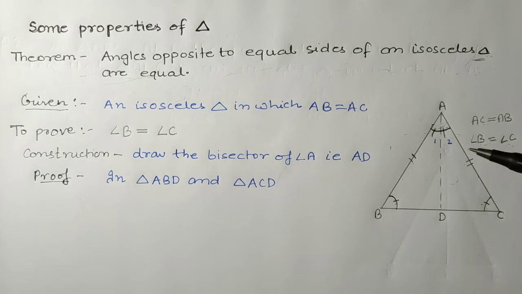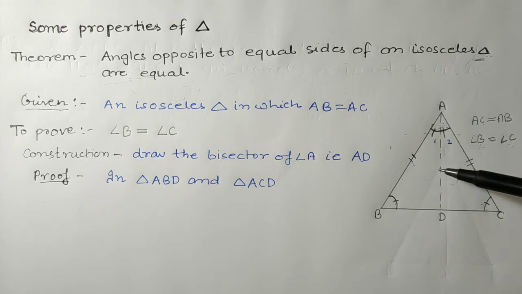See students, we have one side equal. And now by construction one angle is equal, one pair of angles is equal. So one more element we have to think of, and that element should be equal.